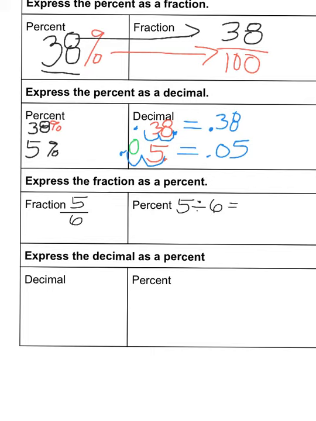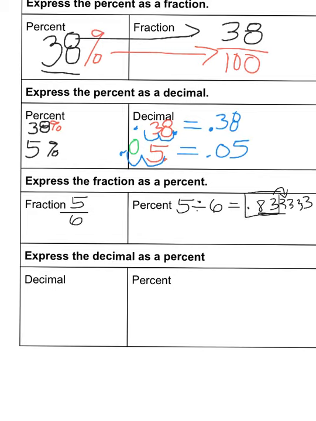I put that in my calculator, and I get an answer of 0.8333333333. When I'm looking at the percent, I'm only looking at these two digits right here, the last one in the hundredths. So I'm just going to refer to this as 83 hundredths, because if I rounded to my nearest hundredths place, if I look to the right, this is less than 5. So this is going to stay 83.